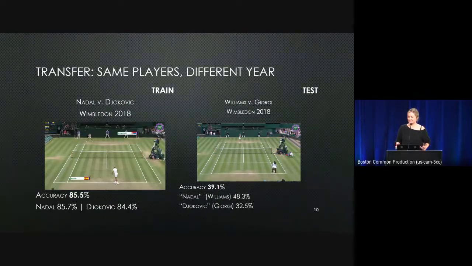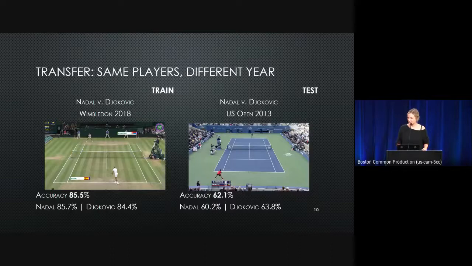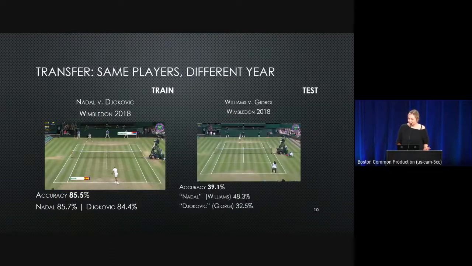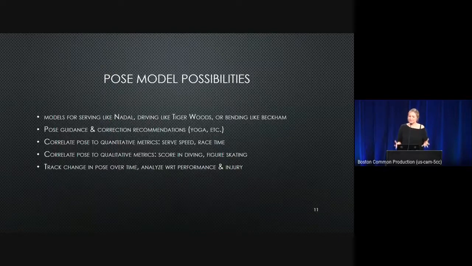It thinks that maybe, I assigned Serena Williams to be Nadal, randomly assigned Georgie to be Djokovic by default, and it just has no idea what it's doing. So that makes this result much more salient. So what have we learned here, really? We've learned that there is something unique about your pose as an athlete.